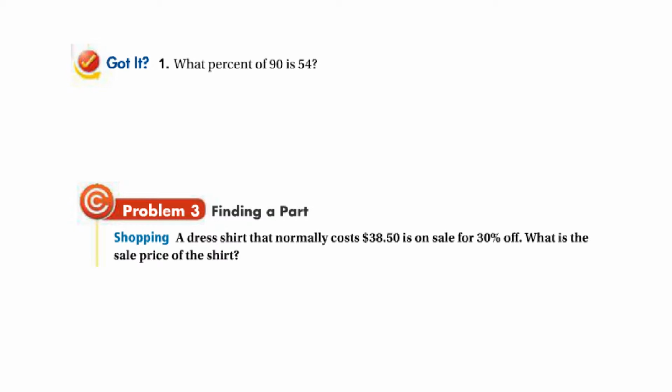So now the got it problem we have here, what percent of 90 is 54? Again, if I set it up, it's just a matter of filling in my spots. What percent, so that's my x, of 90 is 54.